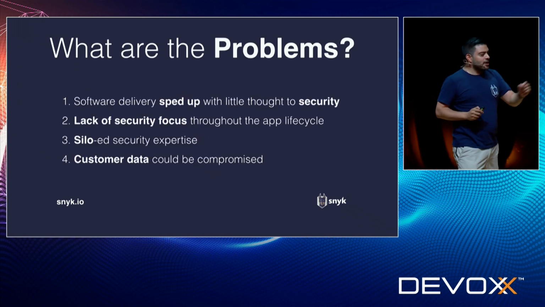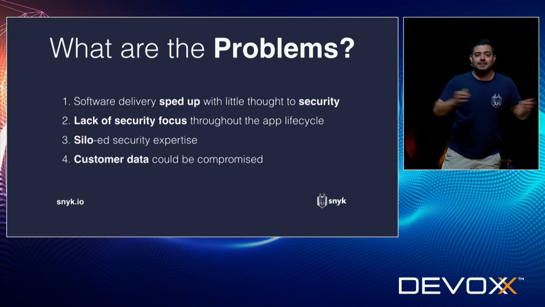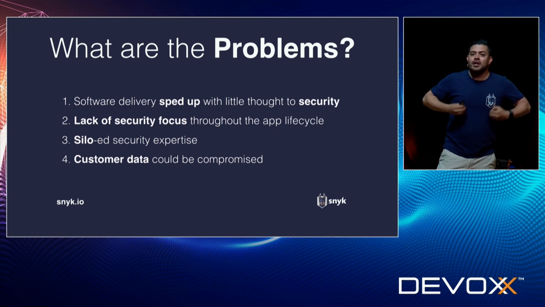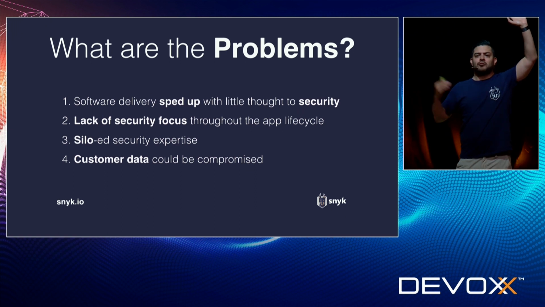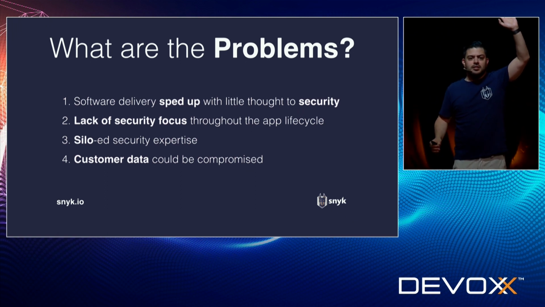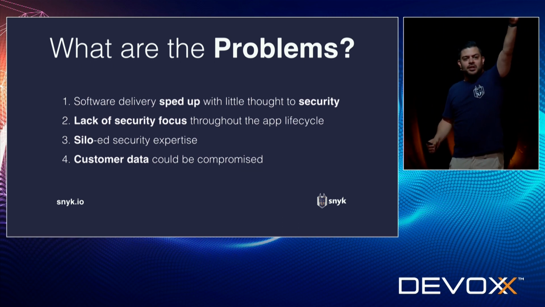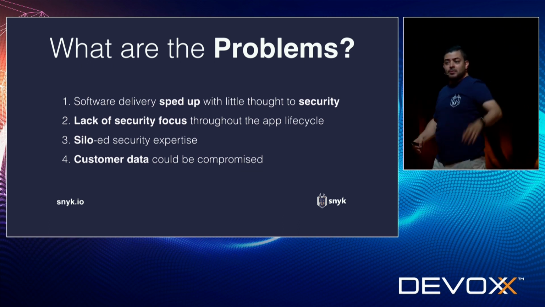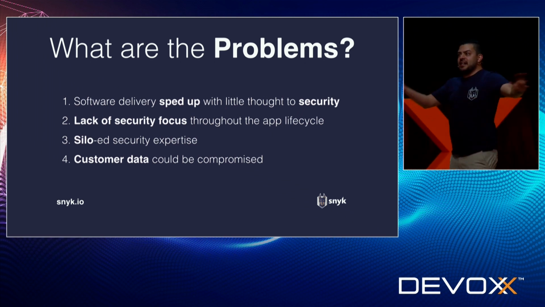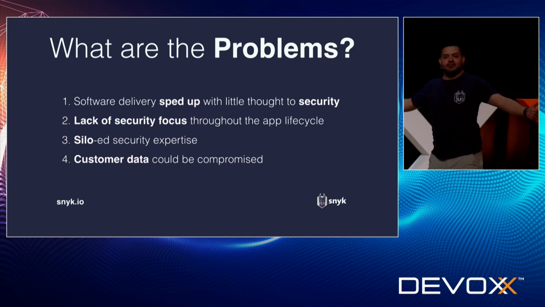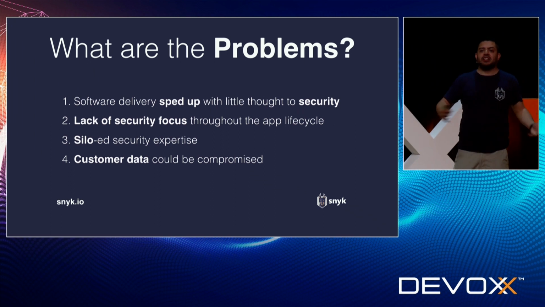Now, we're talking about the fact that DevOps has sped up the pipeline, right? How many people deliver software into their production environment once a week or less? More than once a week? Quite a few people, right? When I was working back in the day as a developer at IBM, we used to have releases every 2 to 3 years. Life isn't like that anymore.